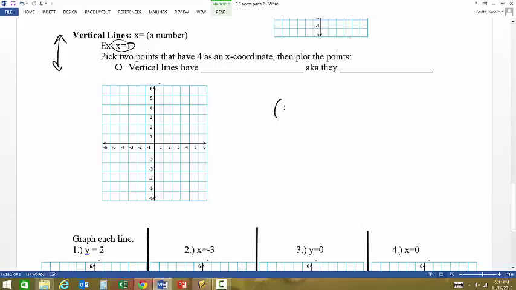So again, we're going to make up two coordinates. Let's do 4, 0 and 4, 2. And if I plot those, you will always get a vertical line.